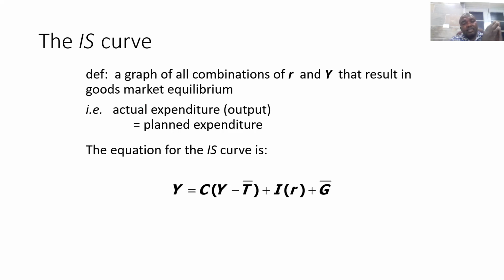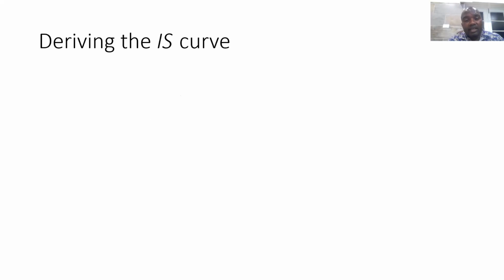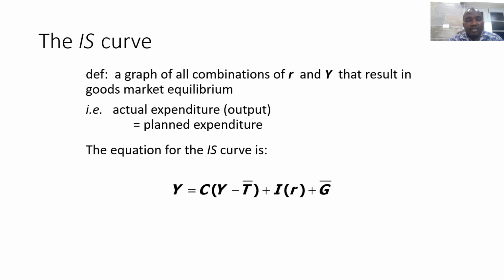It illustrates that actual expenditure, output, is equal to planned expenditure. It's like equilibrium points where the different planned expenditure schedules intersect the 45 degree line in the Keynesian cross model for different interest rates.